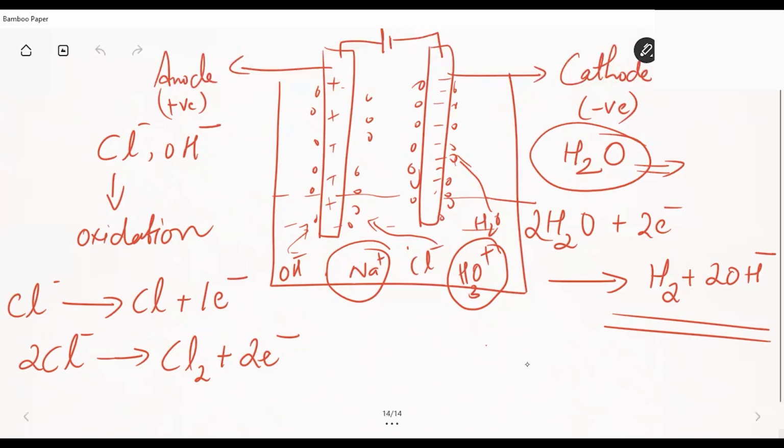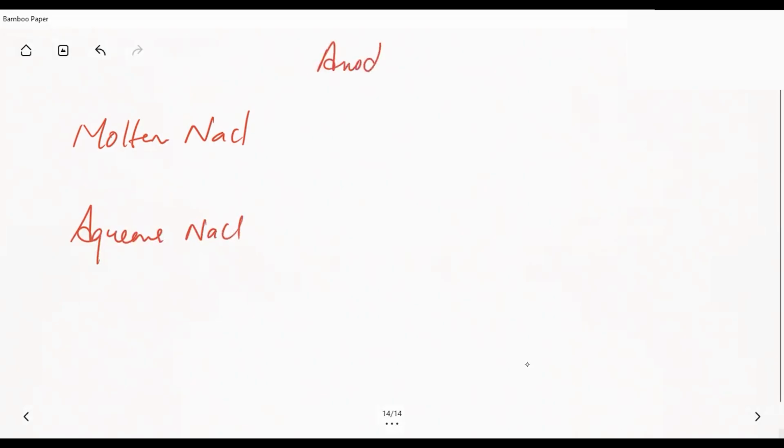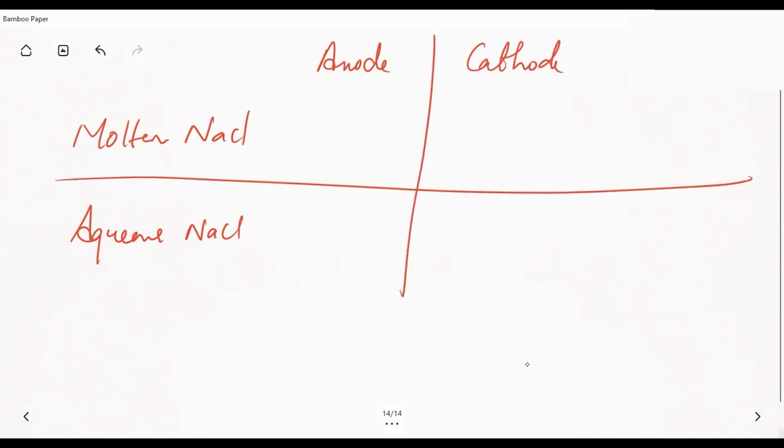So at last, we have to conclude like this: molten NaCl and aqueous NaCl, anode and cathode. What is happening? You have to study like this. Just memorize this table.